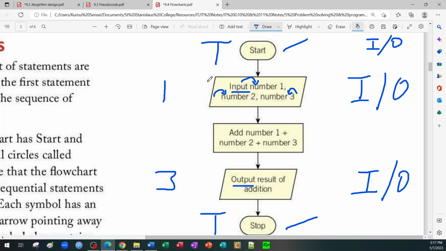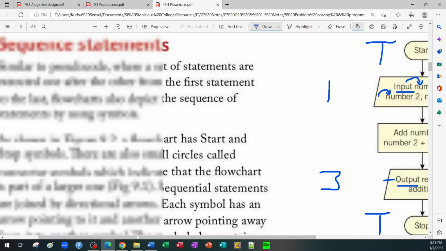So once again, the parallelogram shape is used to indicate we are either inputting data, or getting data out of the program, which is output.